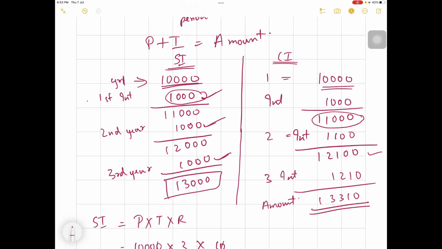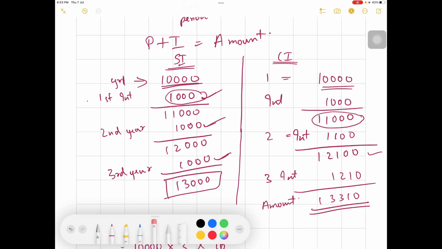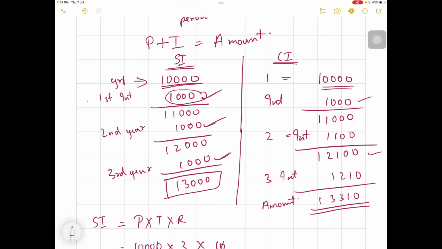Now in this case we are earning interest on interest. So every year the interest amount is different. In case of compound interest, first year interest was 1,000, second year interest is 1,100, third year interest is 1,210, because you are earning interest on interest.